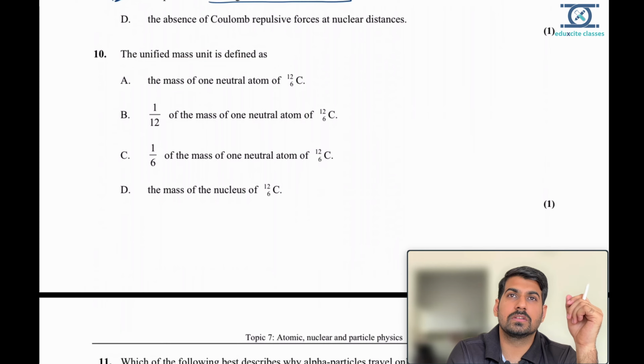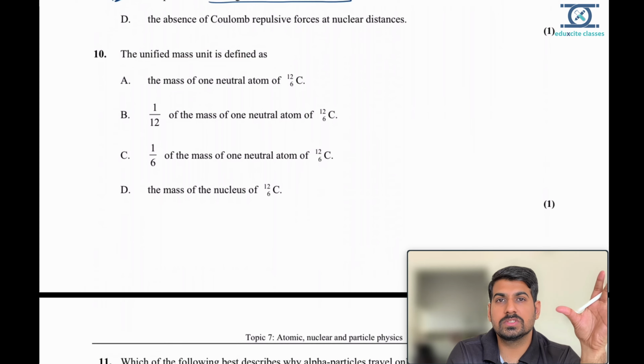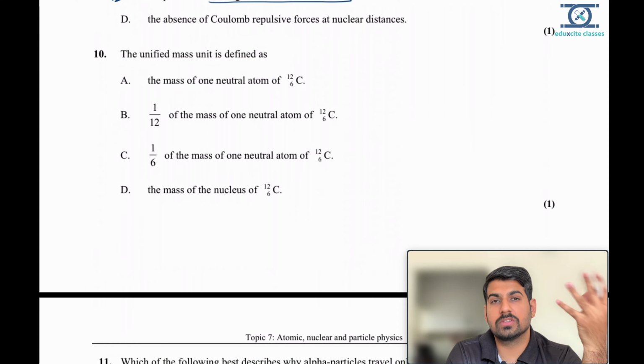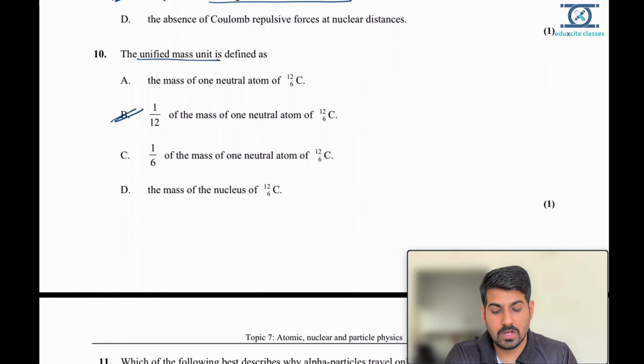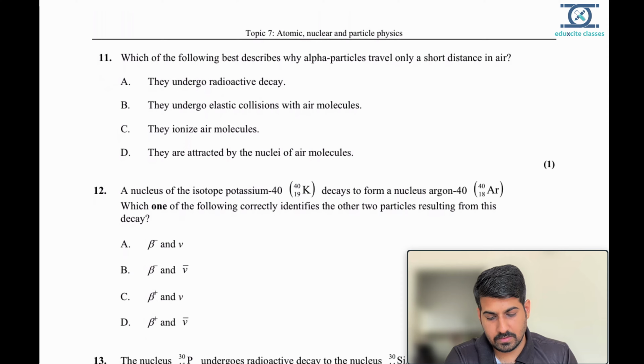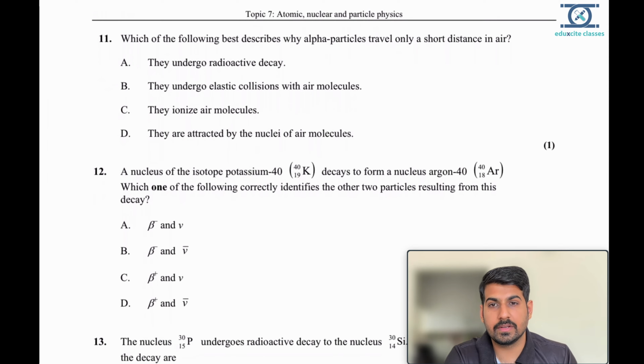Because carbon is present in almost every matter existing on this planet Earth, the majority of them. So we take carbon as a reference so that it is easy for us to compare. So the atomic mass unit is defined as 1/12 of the mass of one neutral atom of carbon-12.